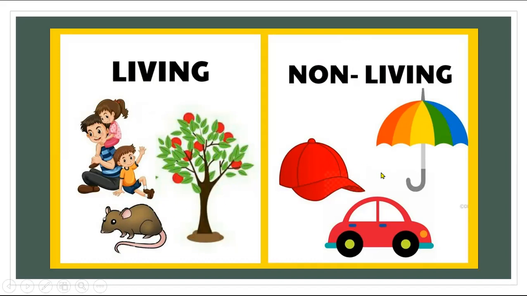Okay, but non-living things like a cap, an umbrella, a car, these things are non-living and they don't need any home, water to grow because they are non-living. They cannot grow. Okay, they cannot move themselves, right? So living things need habitat.